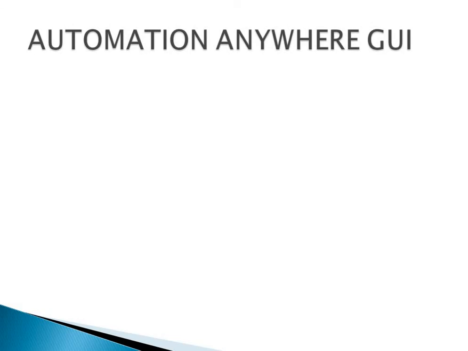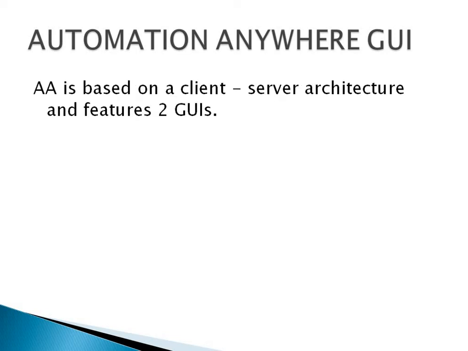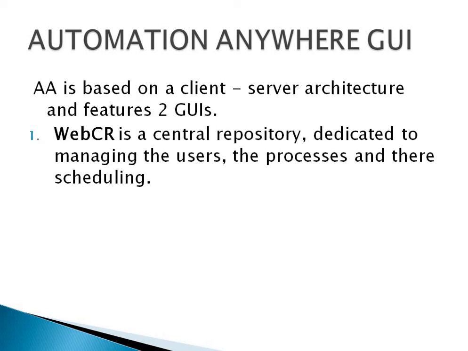So Automation Anywhere is basically a graphical user interface tool, and it is a client and server architecture. It has 2 graphical user interfaces. First one is the web CR, which is called the web control room, a central repository dedicated to managing the users, the processes, and their scheduling.